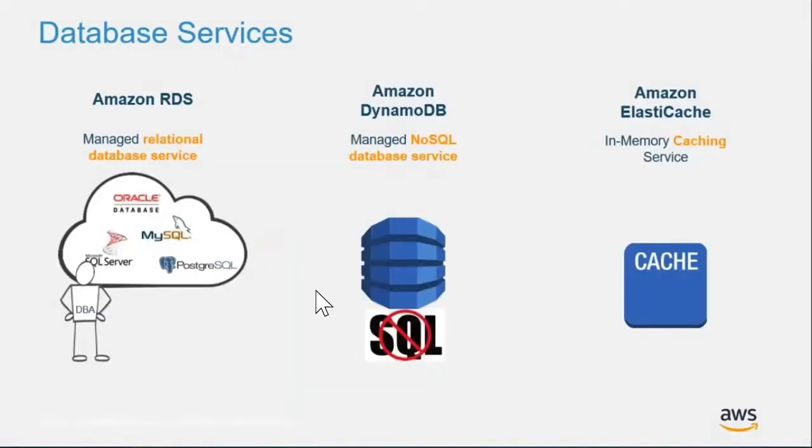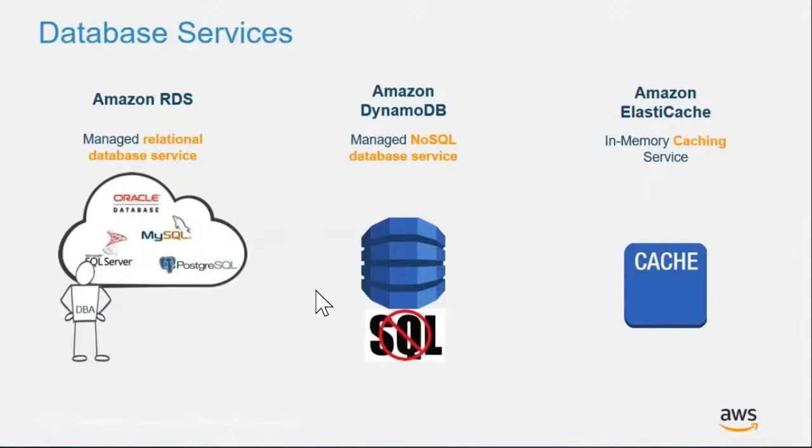So AWS has database services, and there are three ways you could run a database on AWS. You could run databases on plain vanilla virtual machines by deploying a virtual machine, then installing the database engine and managing it yourself. Or you could use Amazon RDS, which is used for managing the relational database service.